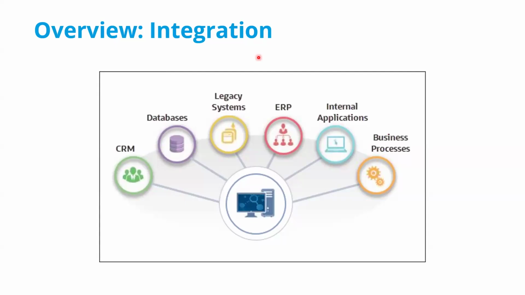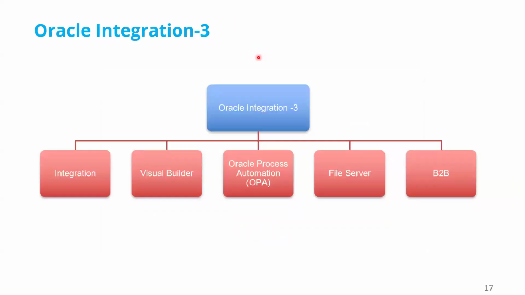Whenever you want to connect to these kinds of systems, you can use OIC. So these are the things that OIC provides. It provides the integration service, where you can create new integrations. Visual Builder is the service which lets you create web applications and mobile applications.